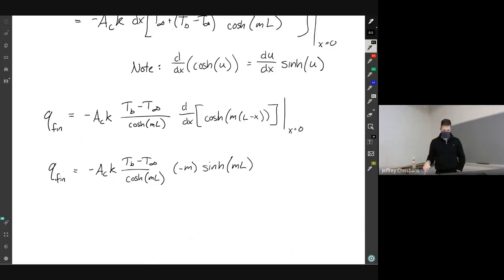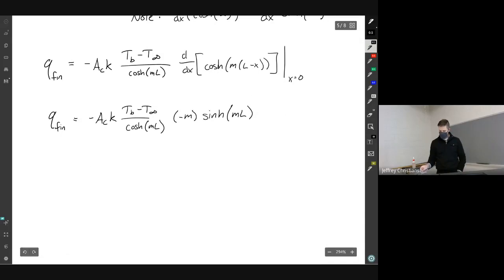We're almost there. We're still not quite there. We have a sinh over cosh, just like sine over cosine can give us tangent. Sinh over cosh can give us tanh, I guess. I don't know how to pronounce it. So this would be Q fin equals ACk times m, because the two negatives cancel each other out.